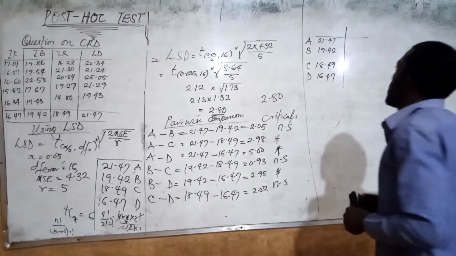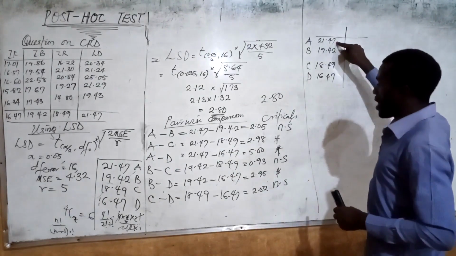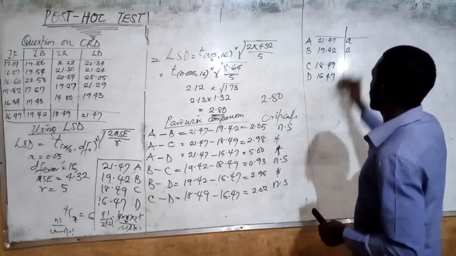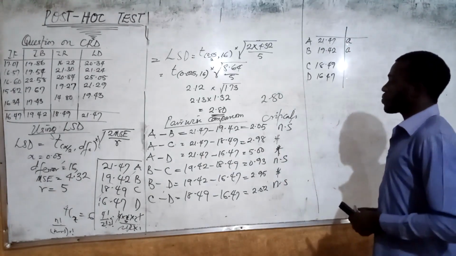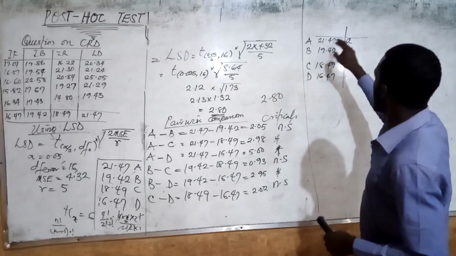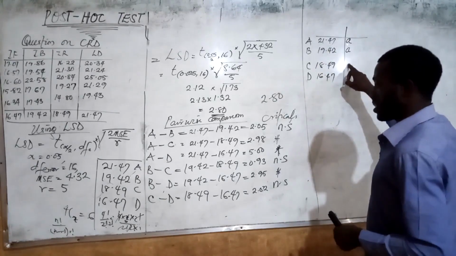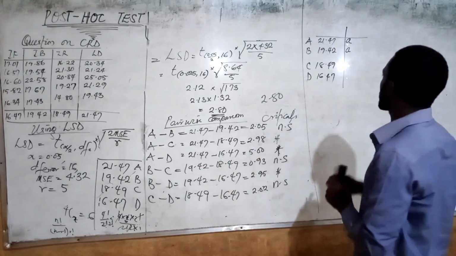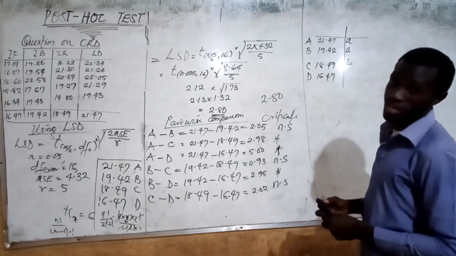So when we compare A and B, it is not significant. So A is here, A will be here as well. Now when we compare A and C, 18.5, is it significantly different? Yes, it is significantly different. So let's use B to represent that.